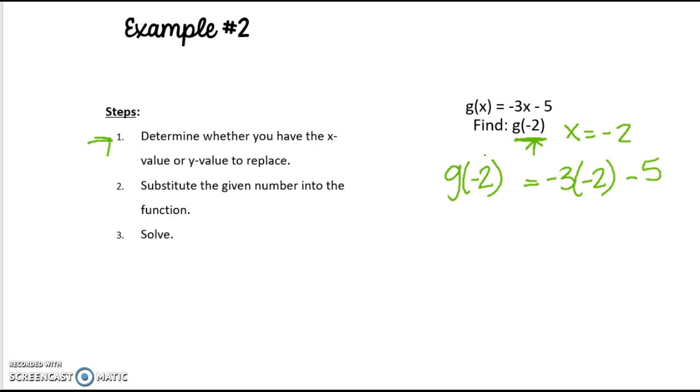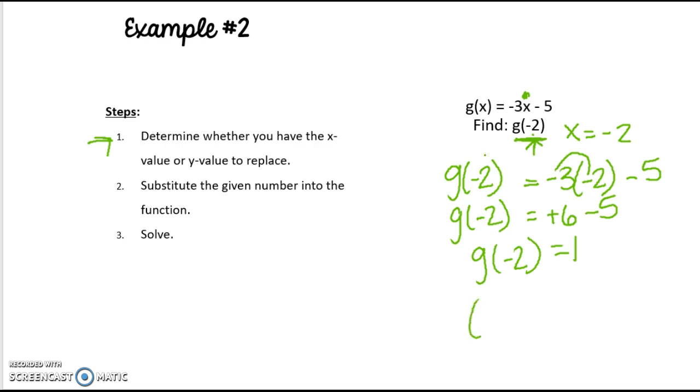So remember, I'm substituting in what x is equal to for every x. So g of -2 equals negative times the negative gives me a positive 6 minus 5. So g of -2 equals 1. What this tells me is when x equals -2, y is 1. That is my ordered pair.